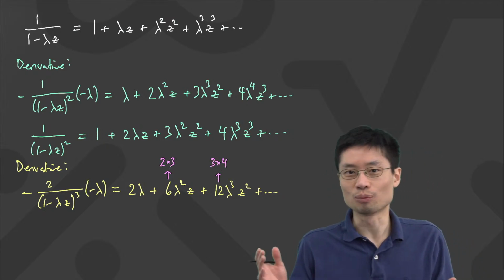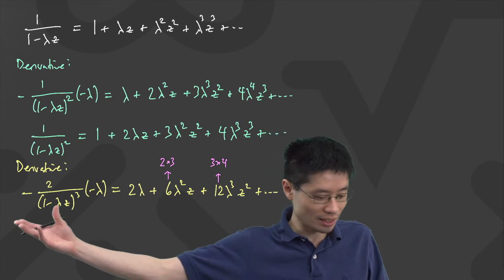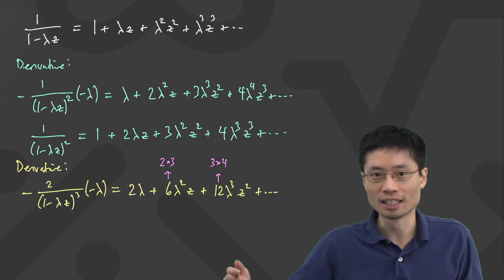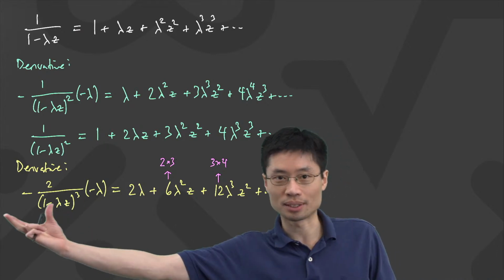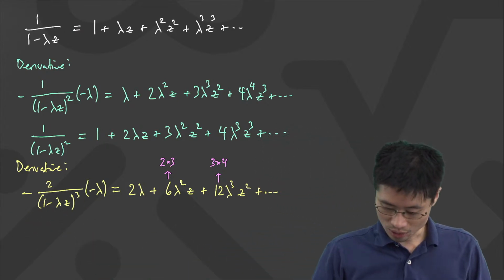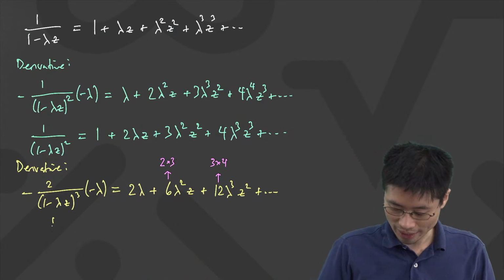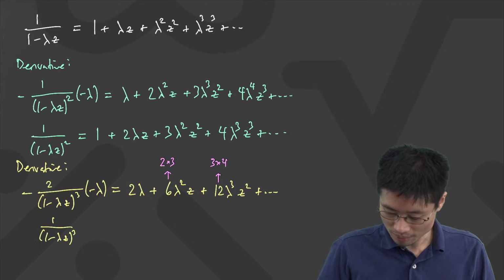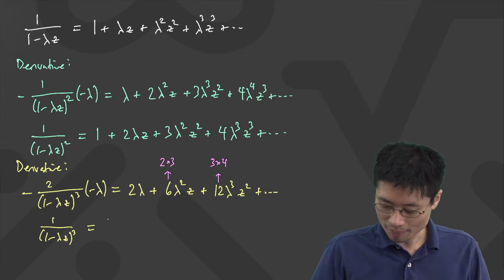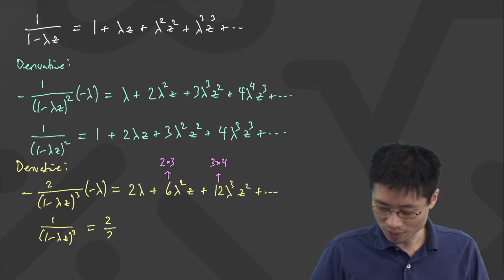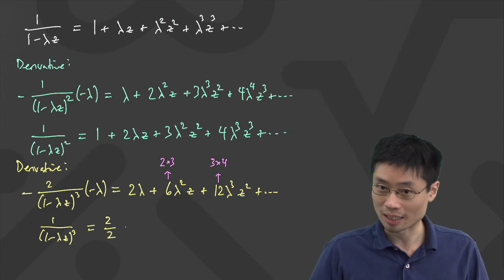And now what do we need to do? We need to get this clean, right? I don't like this minus 2 over stuff, right? So what I need to do is divide by a 2, and divide by a lambda, because 2 negatives make a positive. So if I do that division, I get a straight up 1 over 1 minus lambda z whole thing cubed, that's a 3, is equal to, now I'm going to do it in a funny way. I'll say 2 over 2. The lambda is gone, because I divided by a lambda.